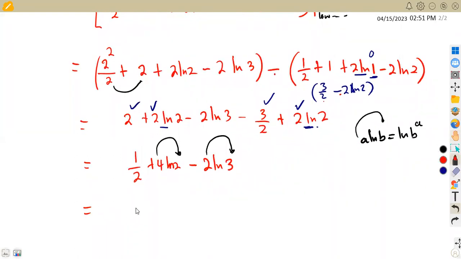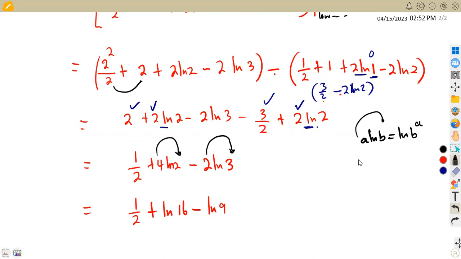That is going to be a half plus ln 2 to the exponent of 4, which is 16, minus ln 3 to the exponent of 2. That is 3 to the power of 2, which is a 9. Take note, this is 2 to the power of 4, 16, 3 to the power of 2, which is a 9. So we are subtracting.